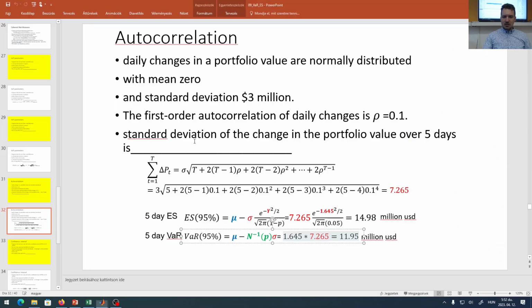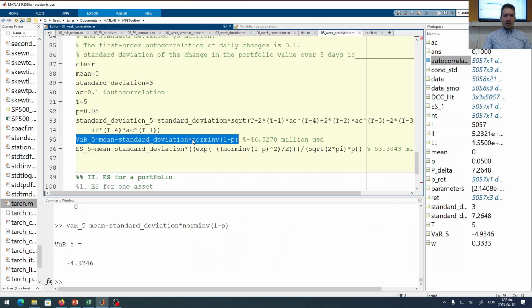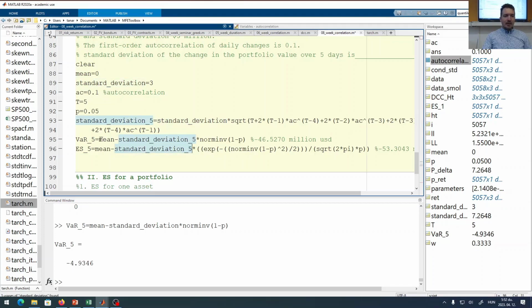Still not that one. Yeah, because I'm using the wrong number. So the standard deviation must be 5, so we have to adapt the rest.